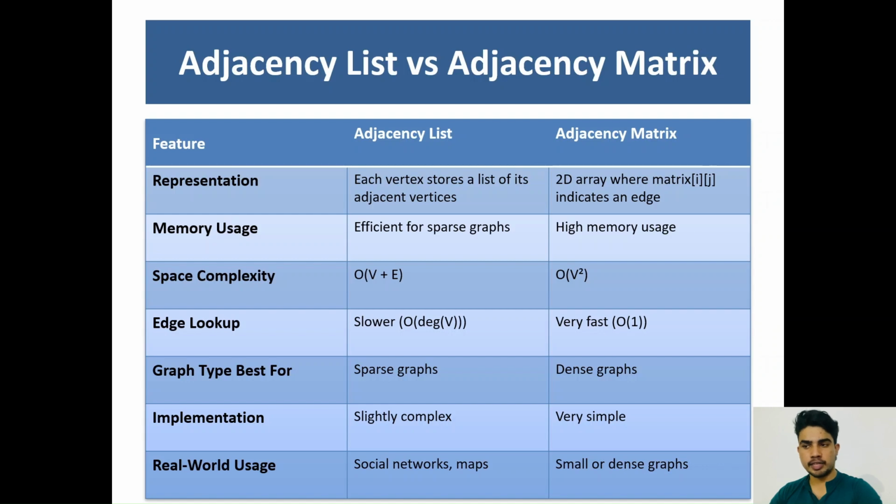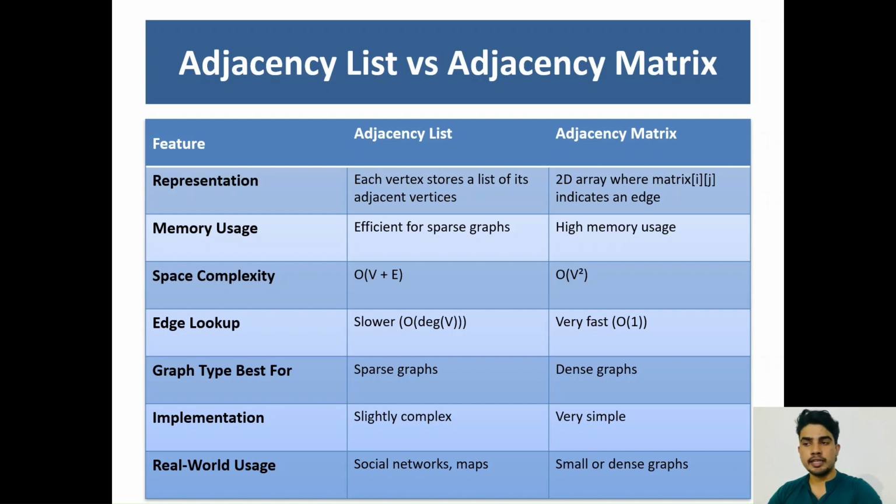Now, space complexity. Adjacency list requires O(V + E) space where V is the number of vertices and E is the number of edges. And adjacency matrices require O(V squared) space since we must allocate a full matrix regardless of how many edges actually exist. Let's talk about edge lookup. With an adjacency matrix, checking whether an edge exists is extremely fast, just one lookup or O(1) time.